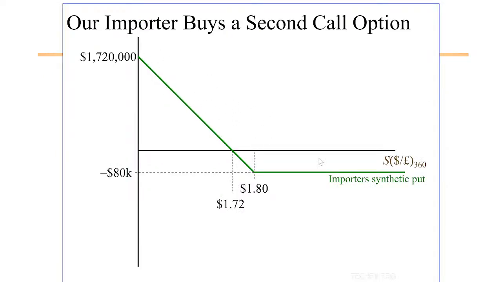So this is our hedged position, right? Synthetic put. The reason we call it a synthetic put, this is really two positions: an unhedged payable and a call option. Together, we synthesized this put option.